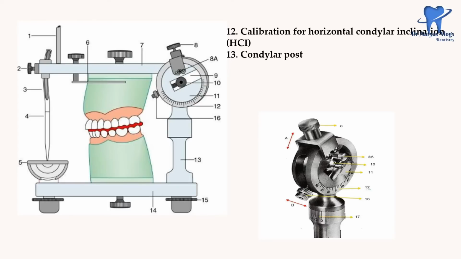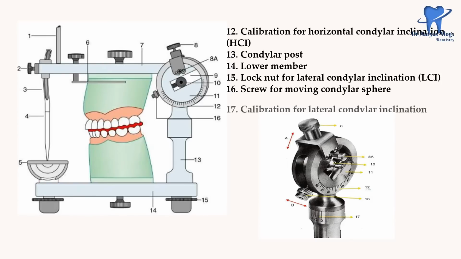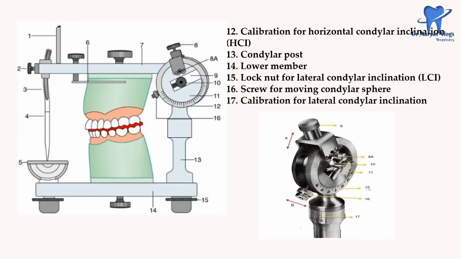This is the condylar post. This is the lower member. This is the lock nut for the lateral condylar inclination. This is the screw for moving the condylar sphere. And here this is the calibration for the lateral condylar inclination.